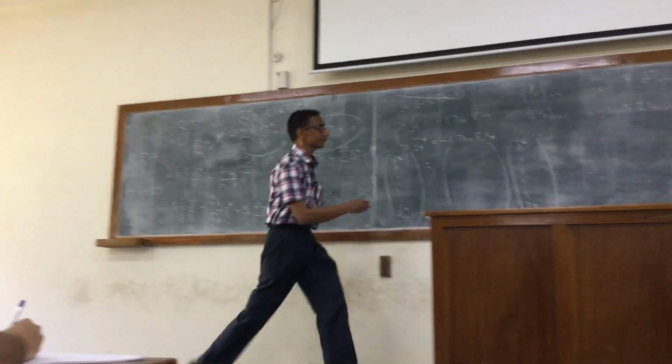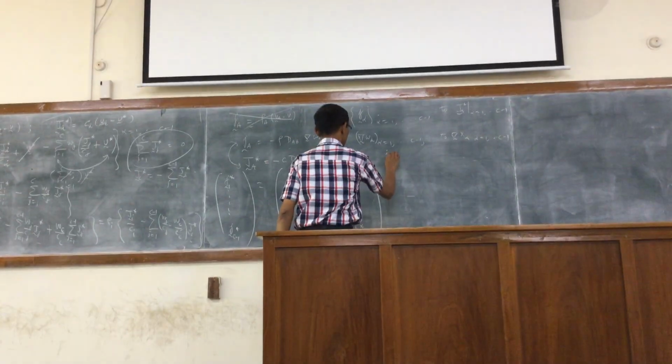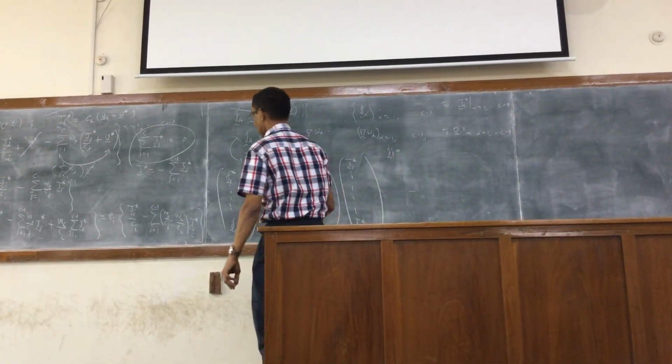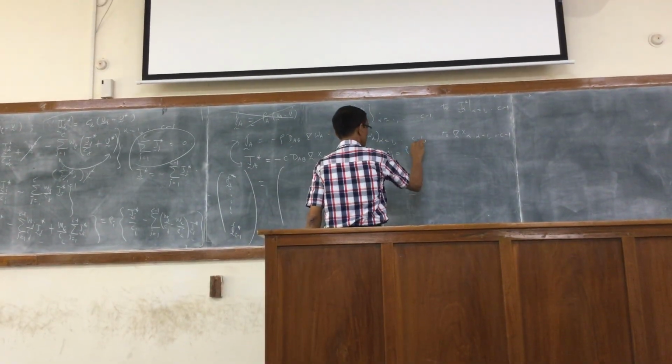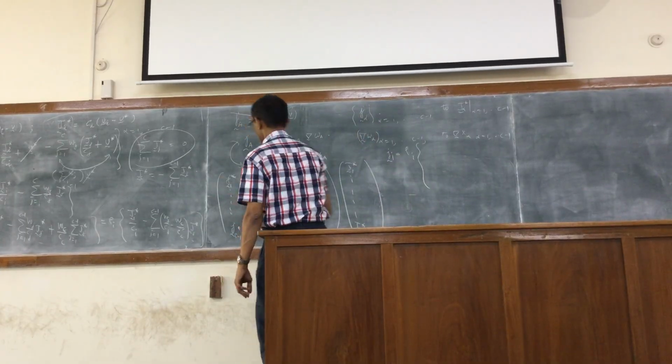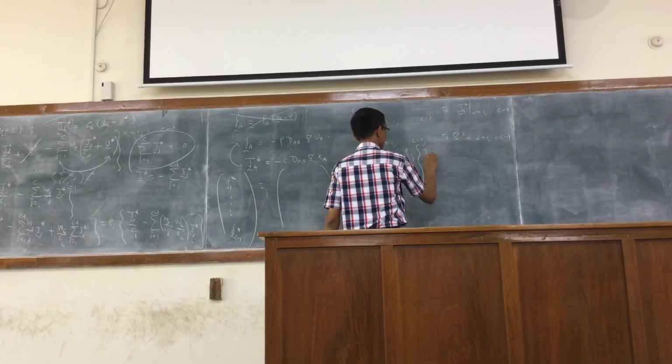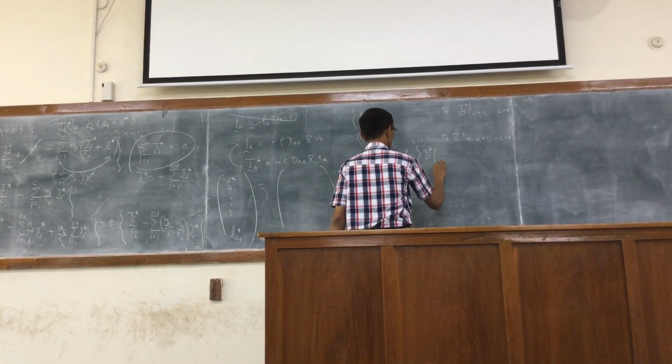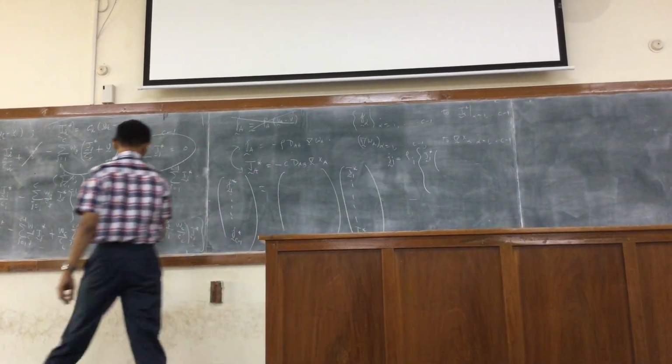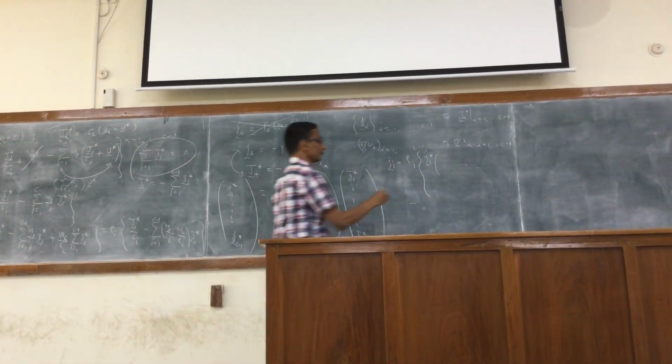So I can write this slightly differently, or equivalently, as rho i times Ji star, which will be multiplied by 1 over Ci.